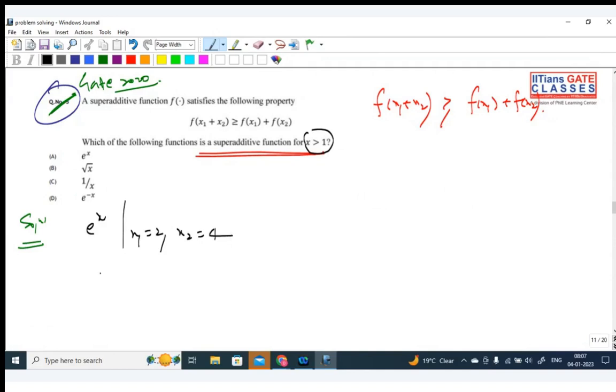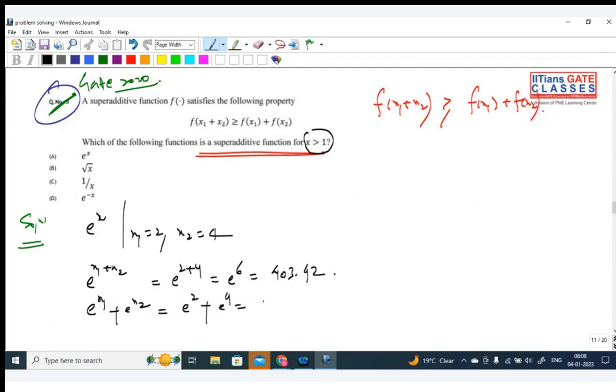So now it can be written as f(x1 plus x2). So this is basically equal to what? e raised to power 2 plus 4, right? So you can say that it is basically e raised to power 6, okay? The value of this you will get is 403.42, and if you add like this, you'll get e raised to power 2 plus e raised to power 4.